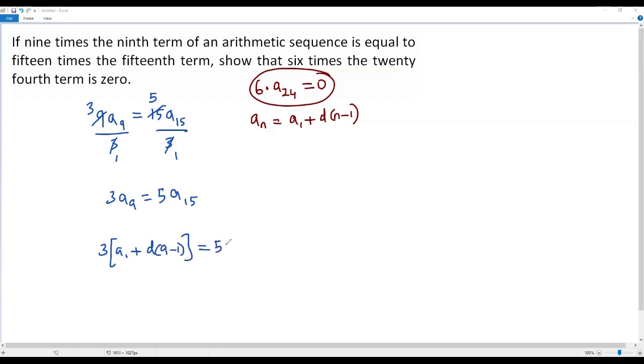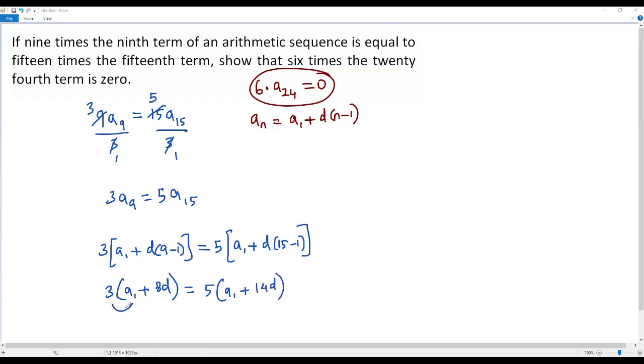The same thing we do on the right side to get a15: a1 plus d times, since we have 15 here, 15 minus 1. Then we get 3 times a1 plus, 9 minus 1 is 8, 8d, and 5 times a1 plus, 15 minus 1 is 14, 14d.